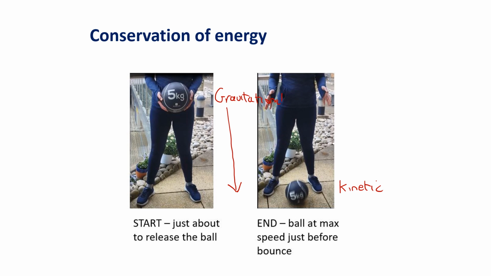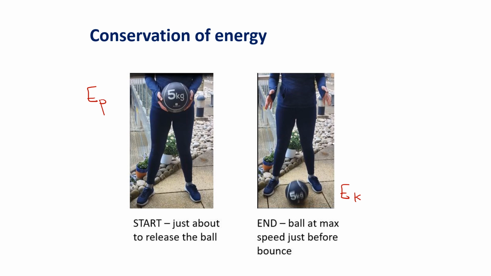So as the ball falls, gravitational potential energy is converted to kinetic energy, and just before the bounce we can say that all of the gravitational potential energy that the ball had just before we dropped it is converted to kinetic energy.